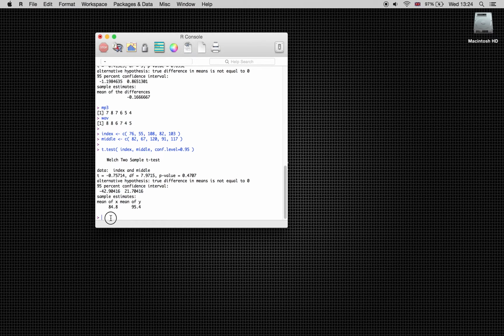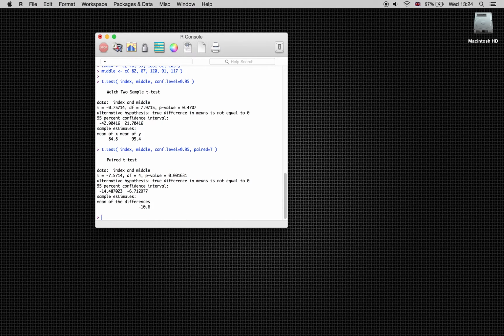But because the data is paired, you have to be careful to know whether your data is paired or not, and frequently you will try and design your experiments so the data is paired. We can use the more appropriate version of the test for this experiment, because my data is paired, and therefore what do I get?